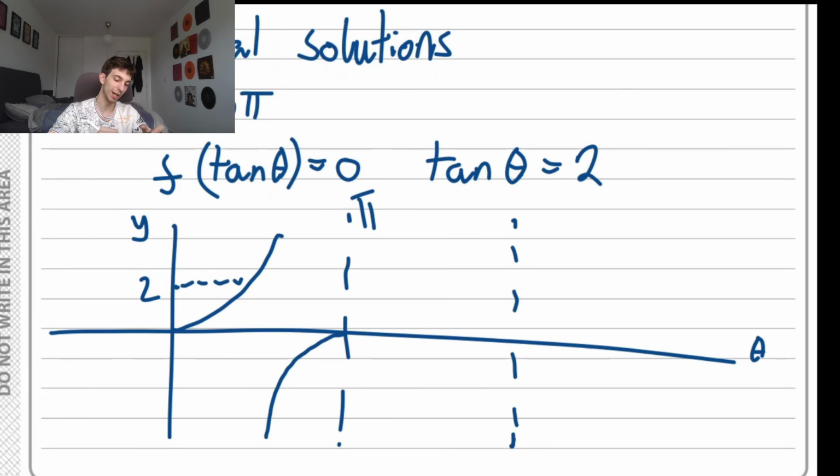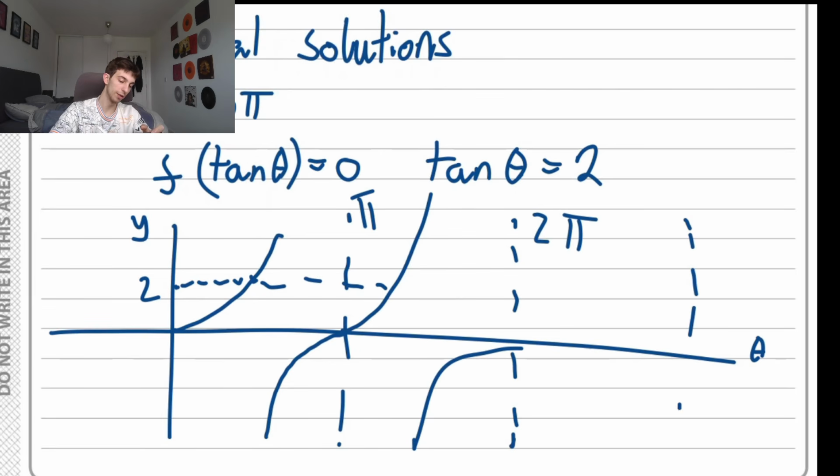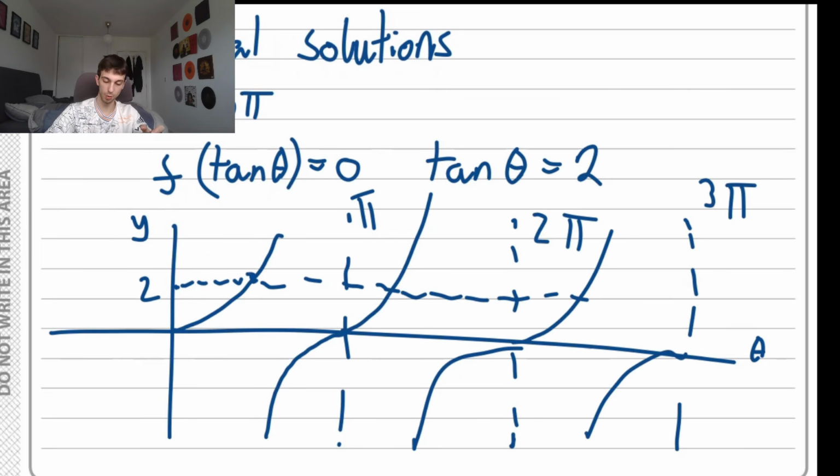If we continue drawing it out up to 2 pi, we would once again get another solution. Then drawing it all the way to 3 pi, once again we'd get one more solution.